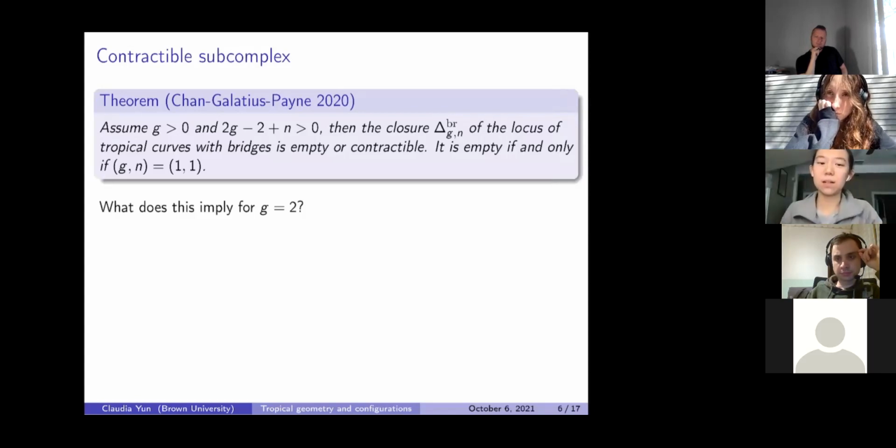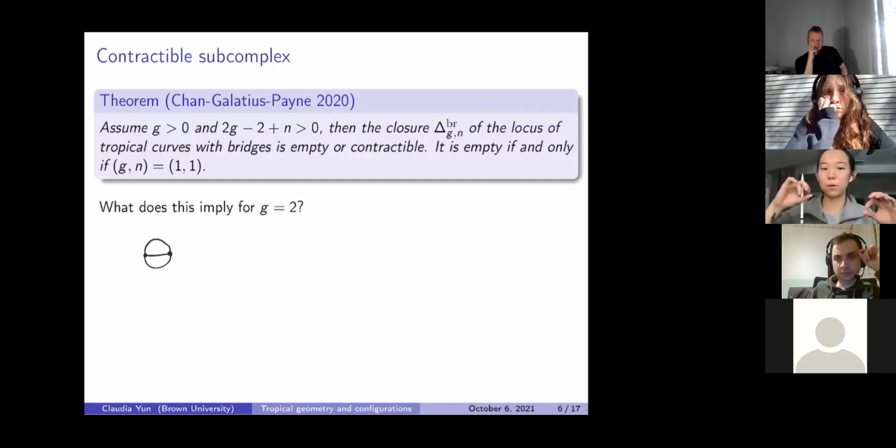And in particular, for genus 2, we get a very simple description for the complement of the bridge locus. In the complement in genus 2, we actually observe that all the combinatorial types look like some arrangement of points on this theta graph.